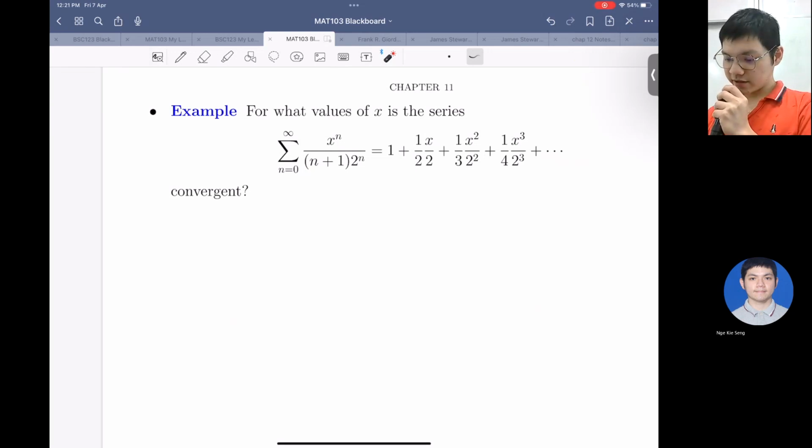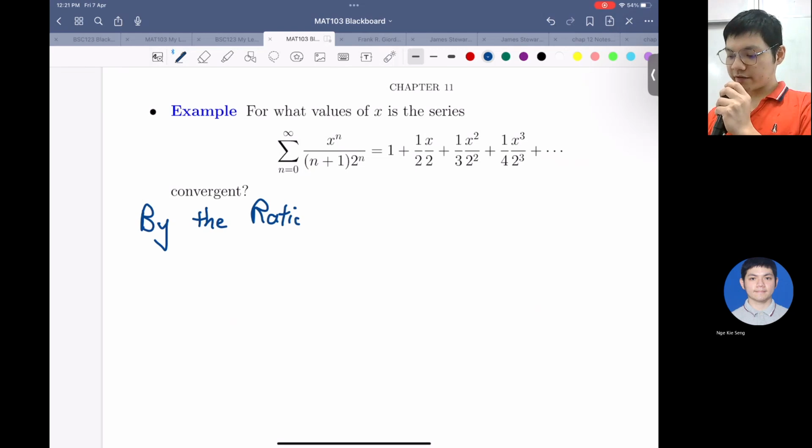Okay, let's try the ratio test. For the series to converge, the ratio has to limit to what number? Something less than 1.